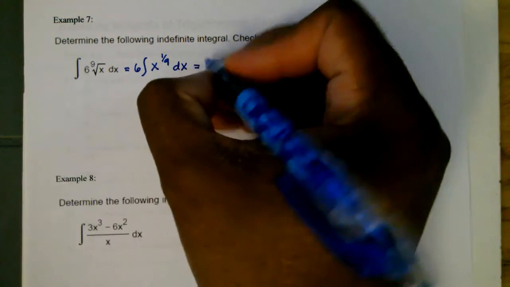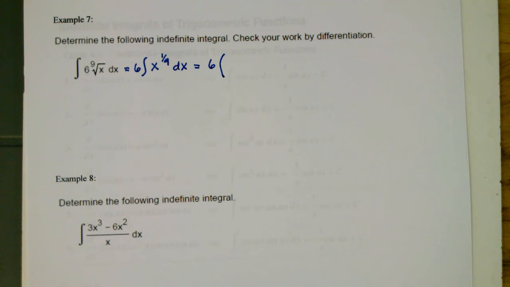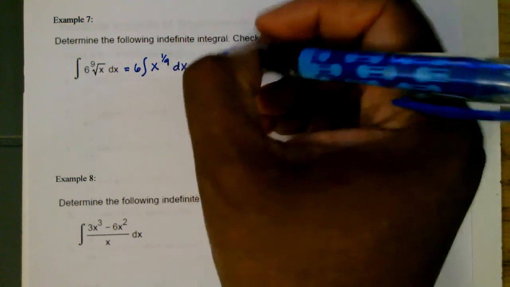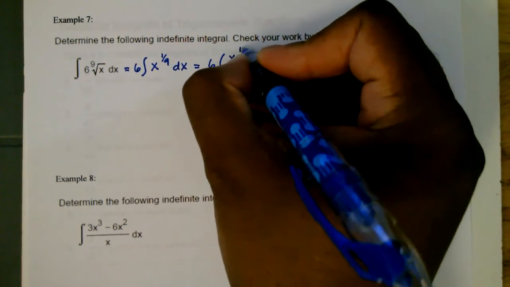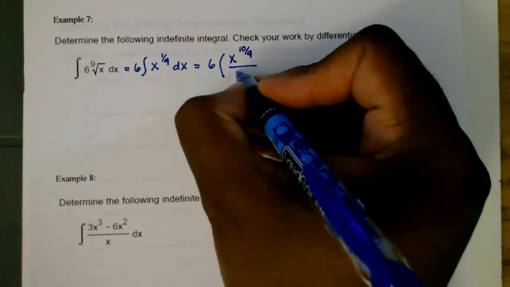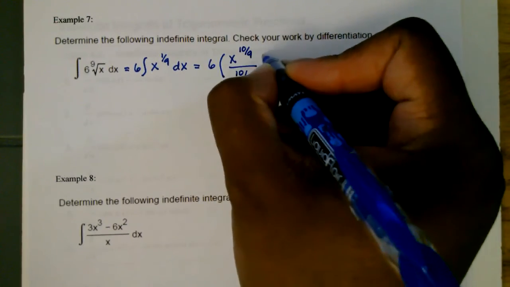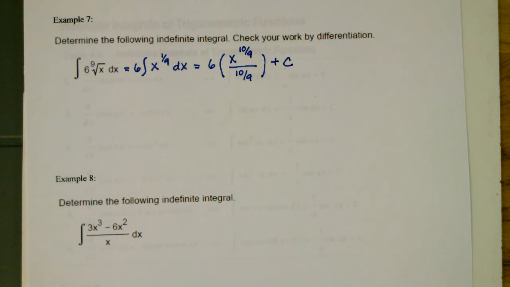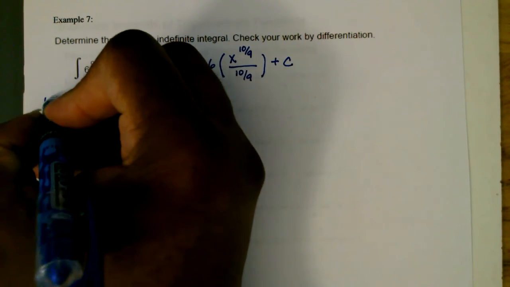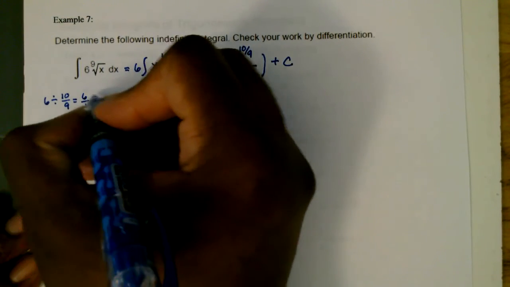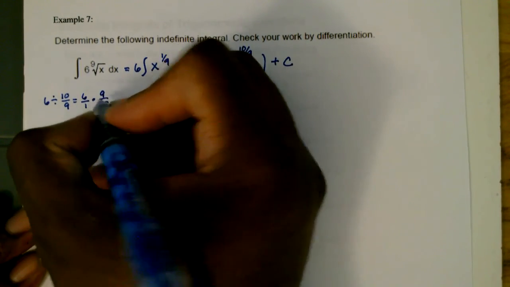And now we can take the integral of x to the 1/9 by adding 1 to the exponent. 1 plus 1/9, that will be 1 and 1/9, but it'll be 10/9 if we write that as an improper fraction. So I have x to the 10/9 divided by 10/9, and then plus c. Let's see, if I do 6 divided by 10/9, that would mean 6/1 times its reciprocal, 9/10.